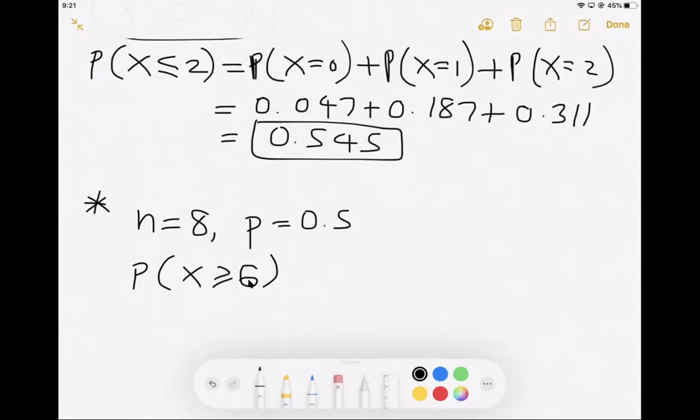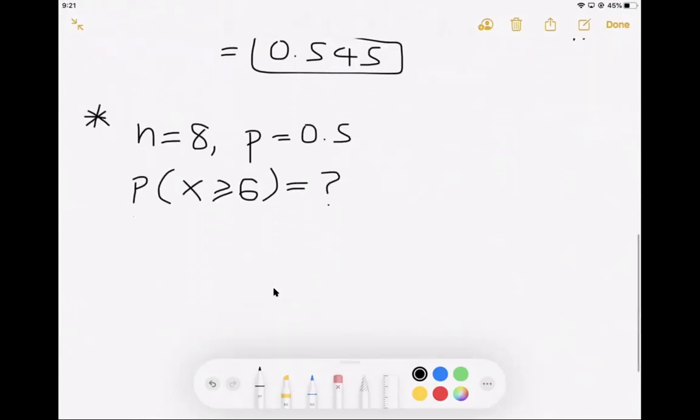If you have 7, definitely you pass. If you have 8, you also pass. So you want to find this. What are the possible x values? 6, 7, 8, because the lowest passing grade is 6 correct answers out of 8. So this is the way of writing it.